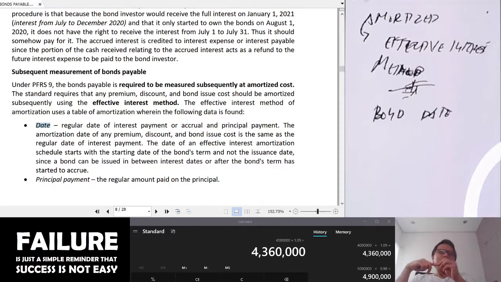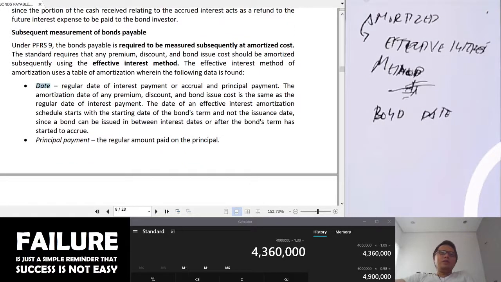Subsequent dates na ipa-plot natin is yun yung principal payment if the bond is a serial bond and the date of interest payment. So, yun yung mga date. That is one column doon na makikita natin.